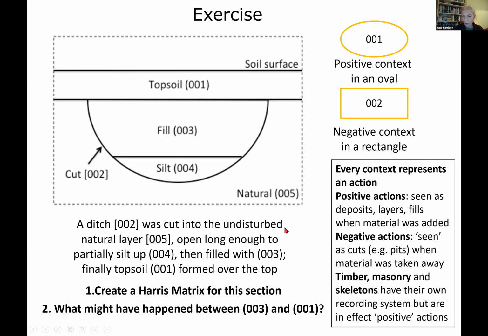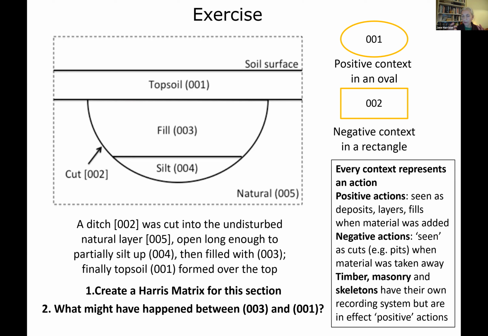So what we've got here is natural subsoil. This is a vertical section through a little pit or ditch, sorry. And the natural is given a context number 005. Then at some point, someone comes along and digs a ditch. So we're just looking at the profile of the ditch. It goes backwards and forwards in front of us. And the action of digging out that ditch is a negative action.